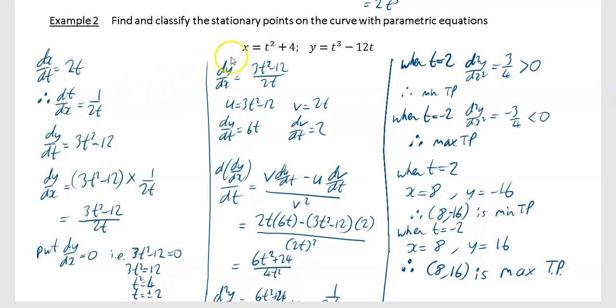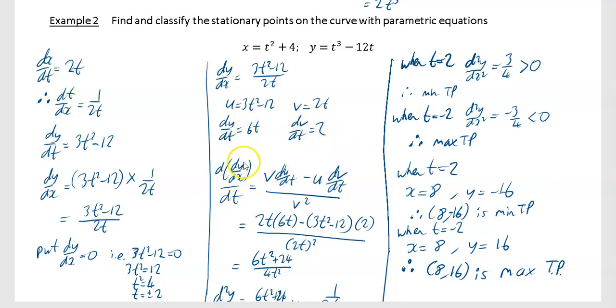Okay, we want to then differentiate your dy by dx. So I've written down my dy by dx, and we're going to differentiate with respect to t. It's a quotient, so we're using the quotient rule. The top line is your u, the bottom line is your v, and you can see I've differentiated them both to give you du by dt and dv by dt. Write down your formula then.